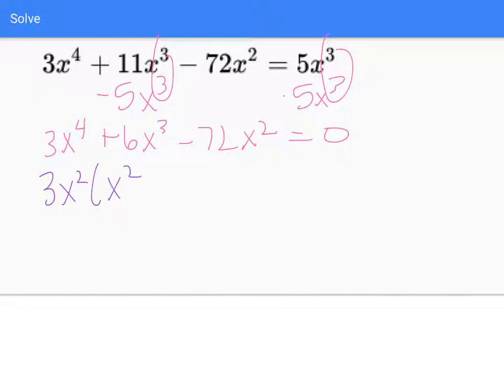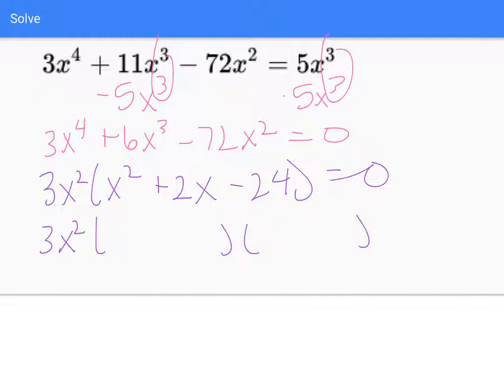This becomes x squared times x squared plus 2x minus 24. 6 divided by 3 is 2. 72 divided by 3 is 24. So check to see if you can factor anything out here. I can. Two numbers that multiply to get negative 24 and add together to get 2. 2, 12.